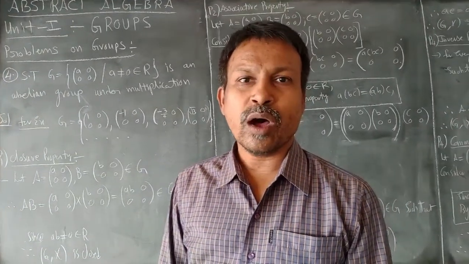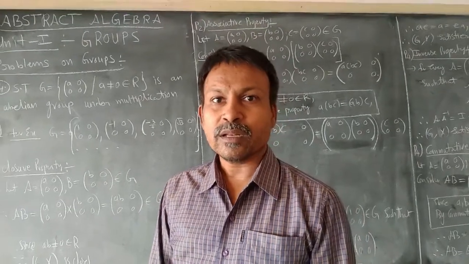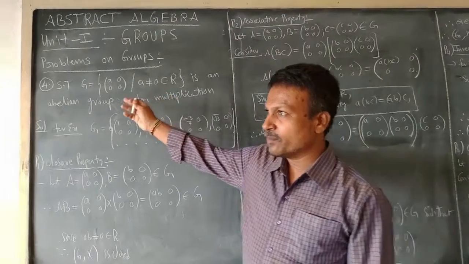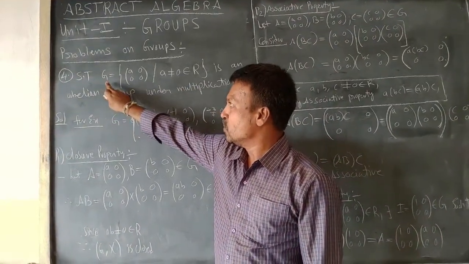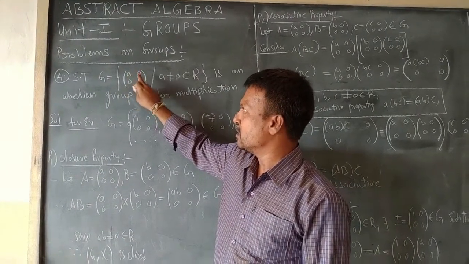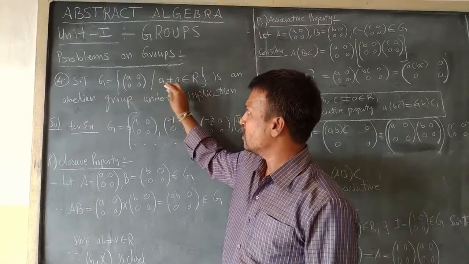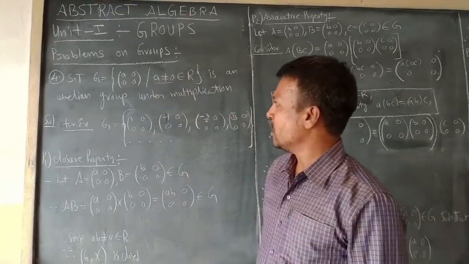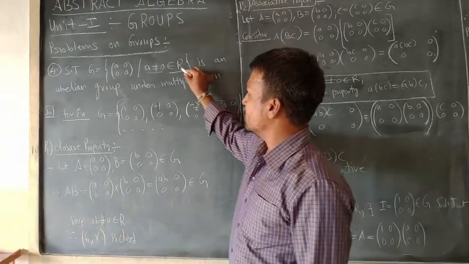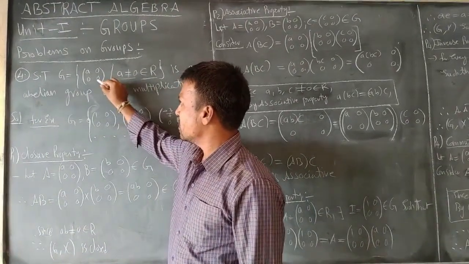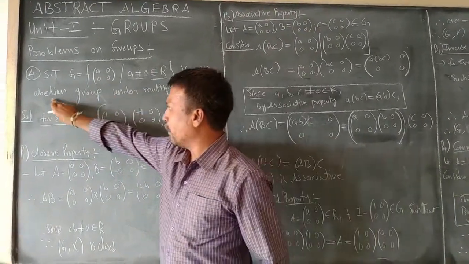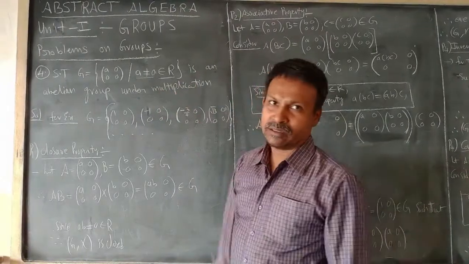Now, let us move on to the next problem in group theory. It is the fourth problem. See the statement clearly. Show that G is equal to the set of matrices which are in the form of A, 0, 0, 0, where A is not equal to 0, an element of the real number set capital R. This set of matrices G is to be proved an abelian group under multiplication.